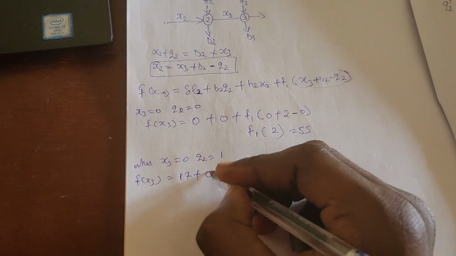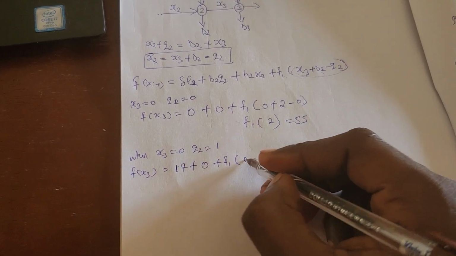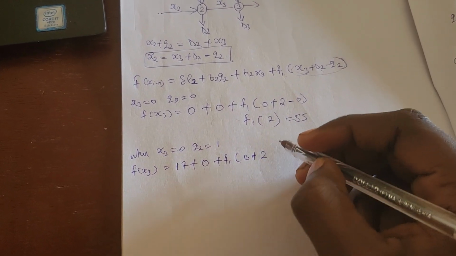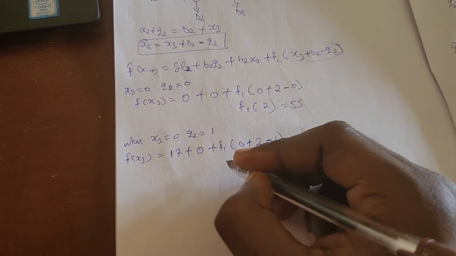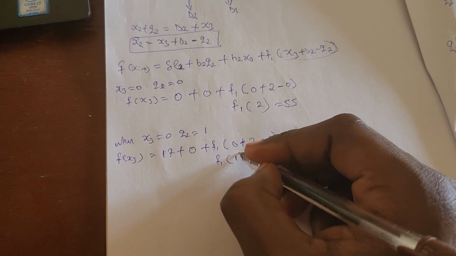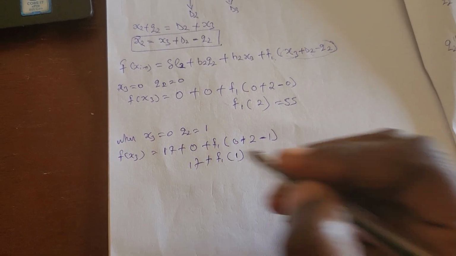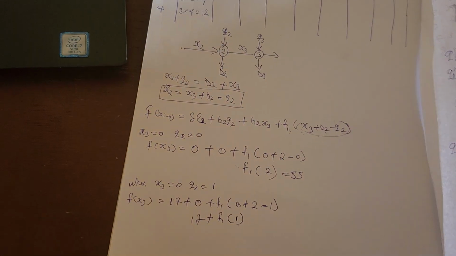Our holding cost is 0 plus F1. My S3 here is 0 plus my demand is 2, right? My quantity is 1. That's F1 is 1, right? Plus 17, right?